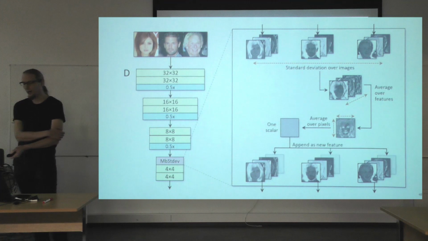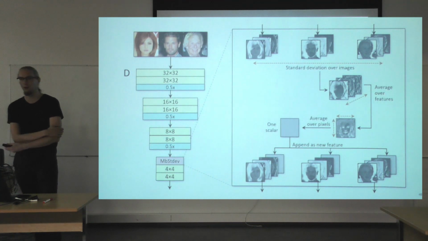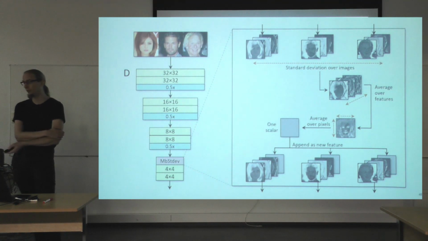That scalar is then appended as a new feature map in the output. And the surprising thing here is that even though we're computing just a single value, apparently this is enough to ensure that there's enough variation in the generated images.